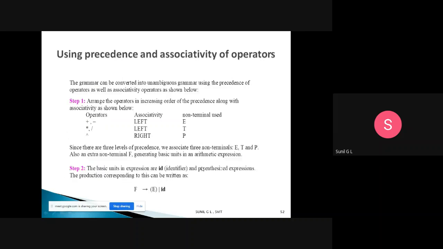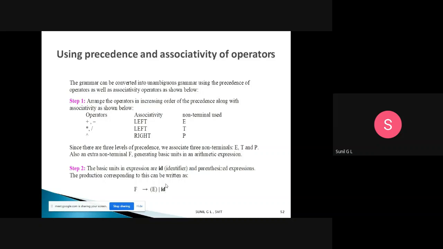The production corresponding to this one is the last one. For the extra non-terminal we are using the variable F. So the non-terminal F tends to E within parentheses, or id. You need to write this when they ask, because this is the basic unit.